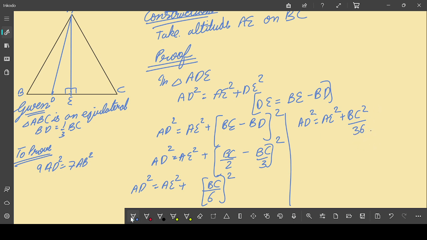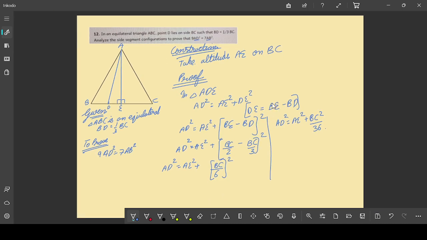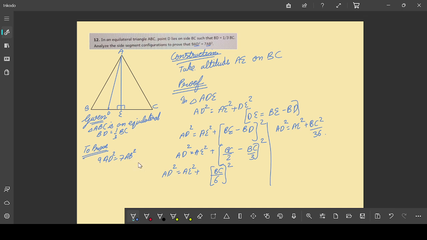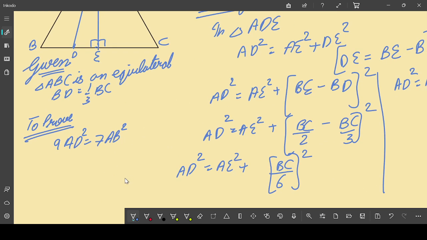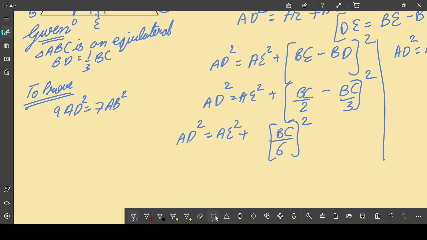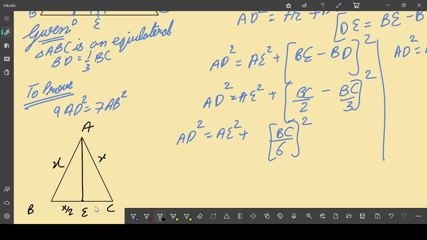Okay. I will do this question by taking x as well. See, if I take a triangle, in this triangle only, this is an equilateral triangle. So this is x, A, B, and C, and this is your E. If each side is x, BE will be x by 2, and EC will also be x by 2, right? So by the Pythagoras theorem, can I find AE?